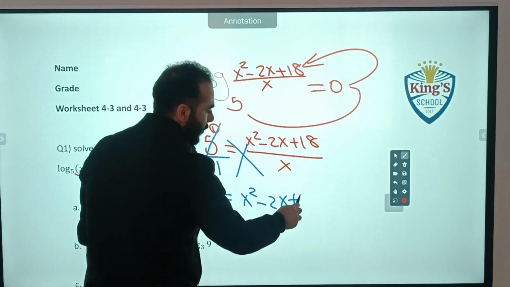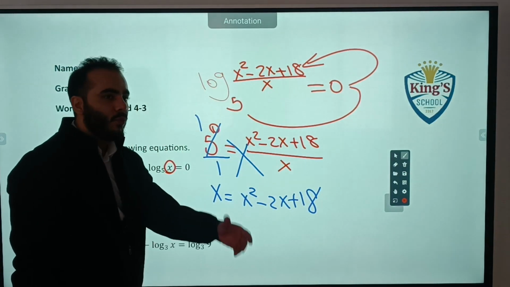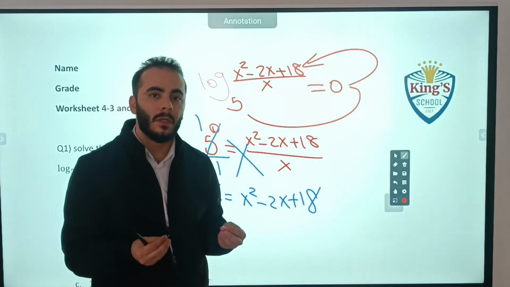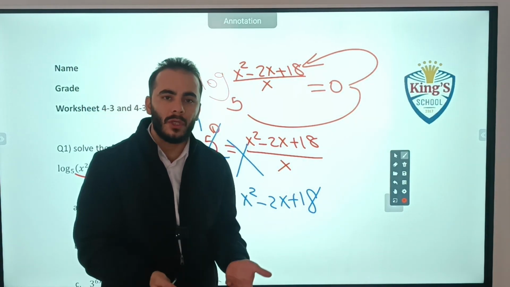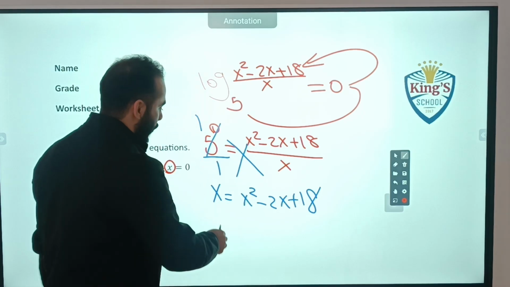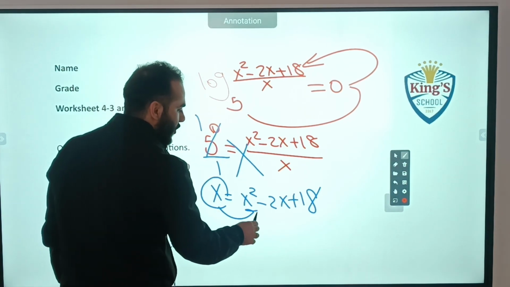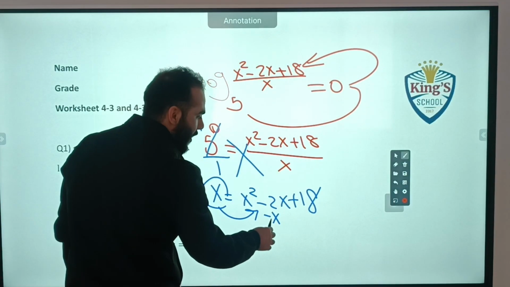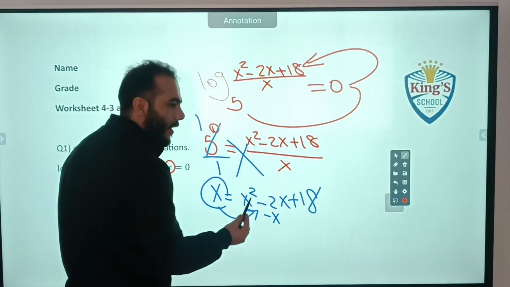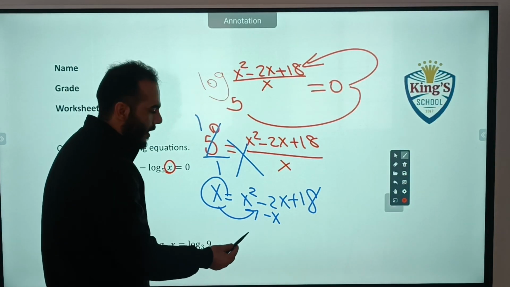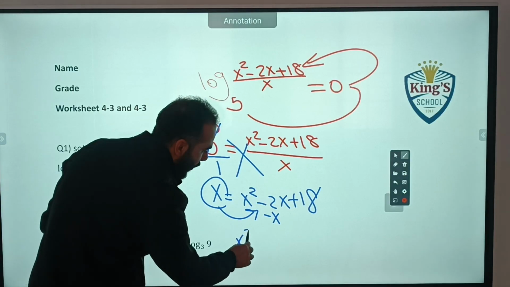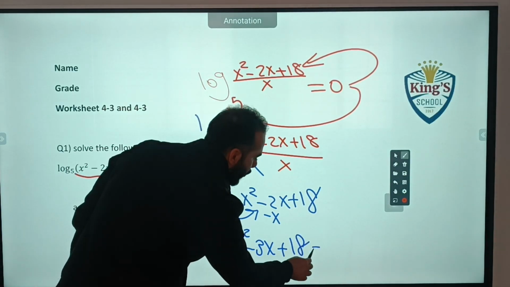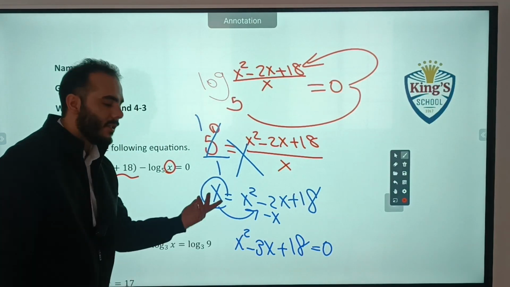Minus 2x plus 18. Whenever we have a quadratic equation, one side must become 0. So move this x to the other side, it becomes negative. Negative x minus 2x equals negative 3x. So finally we have x squared minus 3x plus 18 equals 0. A quadratic equation.